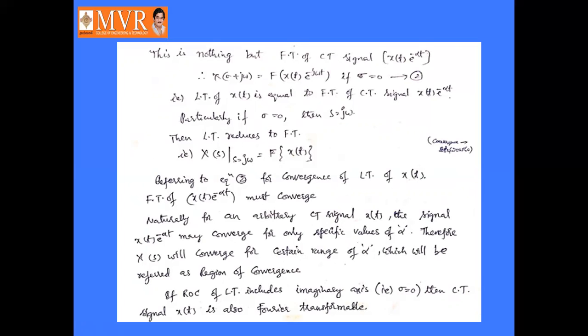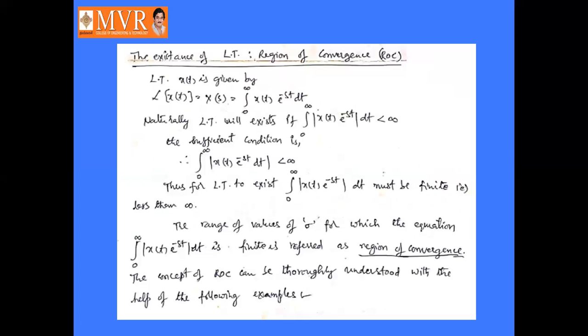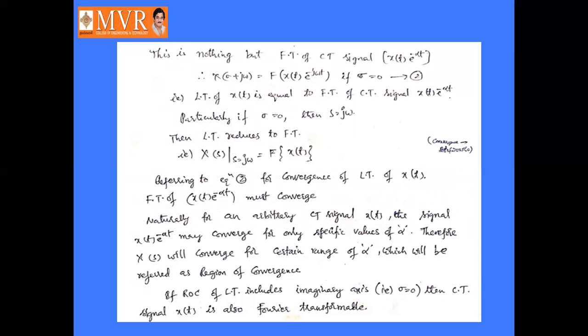If the ROC of the Laplace transform includes the imaginary axis, that is sigma equal to 0, then the continuous time signal x of t is also Fourier transformable. This is about the relation between the Fourier transform and the Laplace transform.